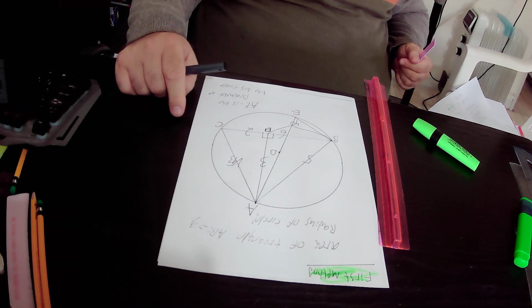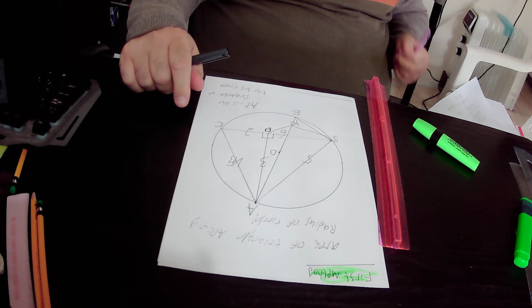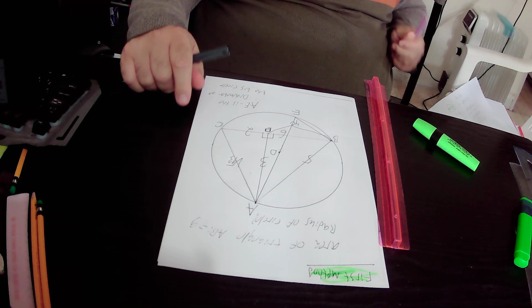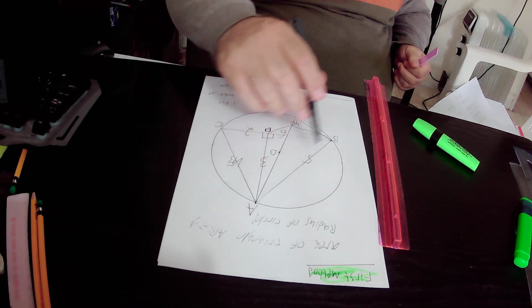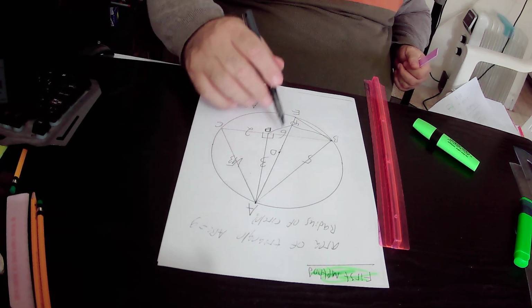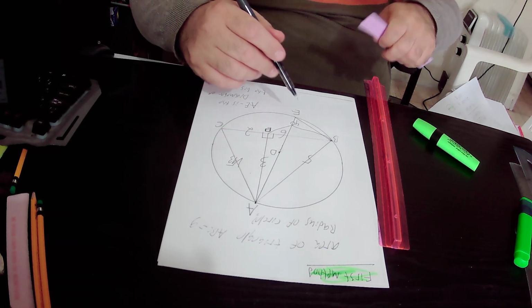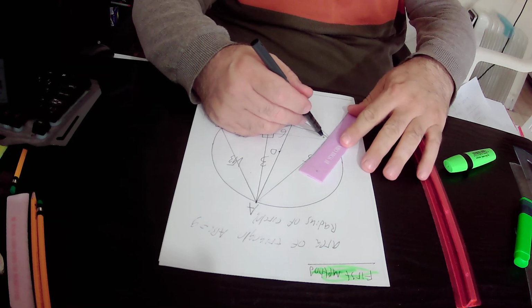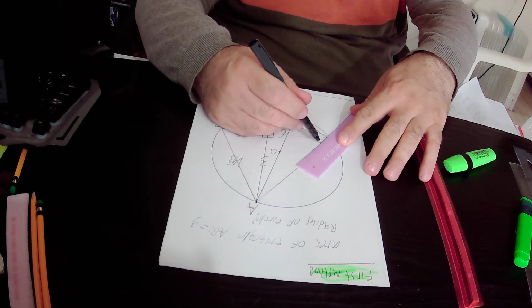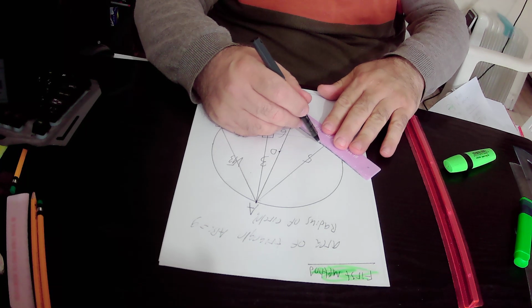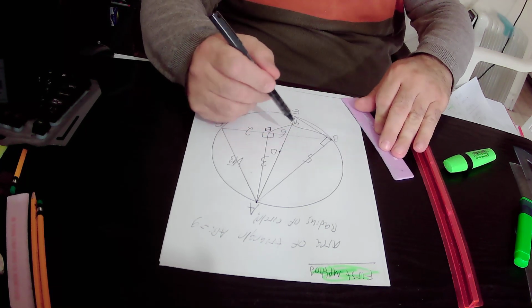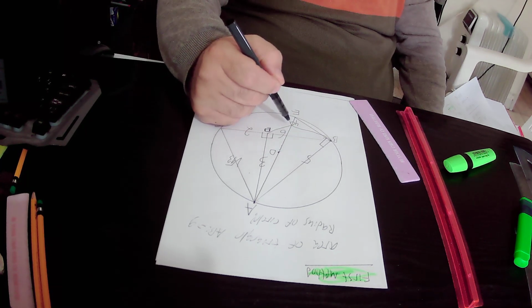And we have the rule that any peripheral angle that rests on the diameter of the circle is equal to 90 degrees. So angle ABE is equal to 90 degrees because it is a peripheral angle that rests on the diameter of this circle.